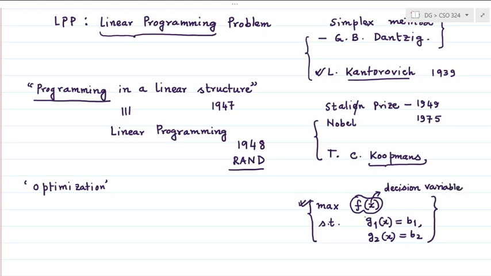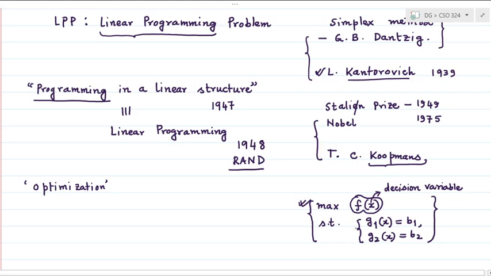And these variables are restricted by these inequalities, right? And the collection of the decision variable points, that means the collection of x's for which g1(x) equals b1 and g2(x) equals b2, is known as the decision feasible region.